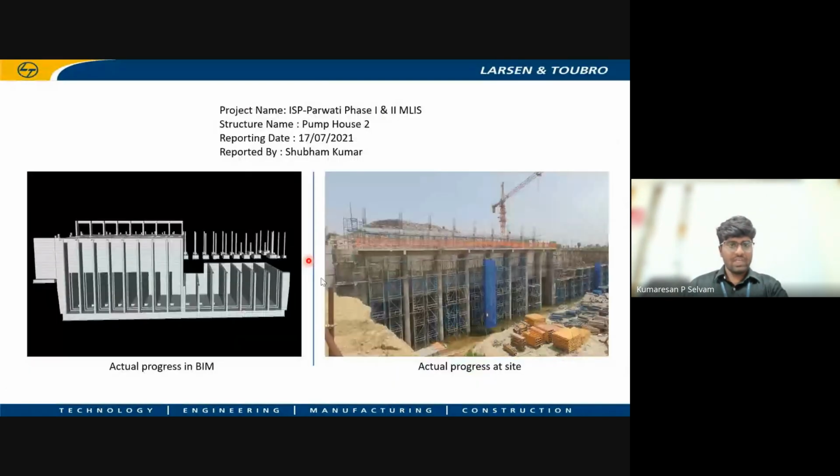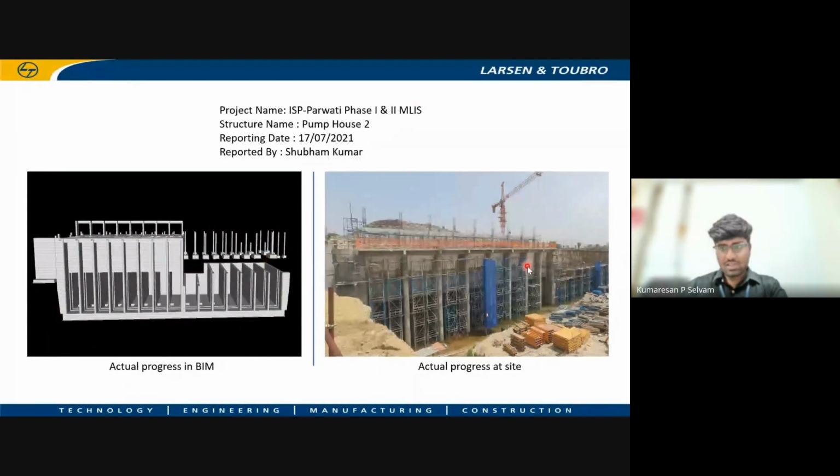And see here, this is as per 17/7/2021, the actual progress at site and the actual progress in BIM. In the BIM model, you provide the schedule, a 4D schedule, a Navisworks schedule, where the actual progress as per this date has been extracted separately.